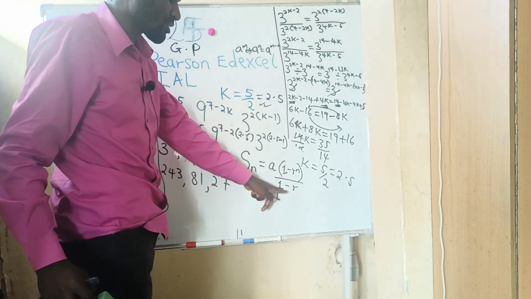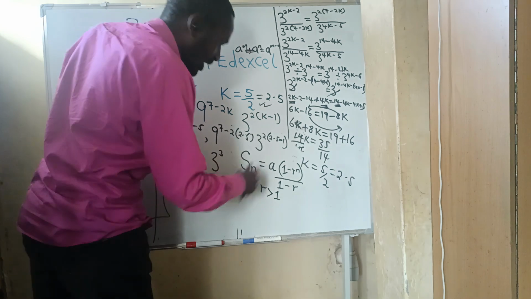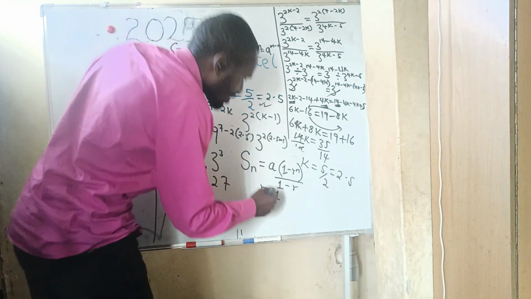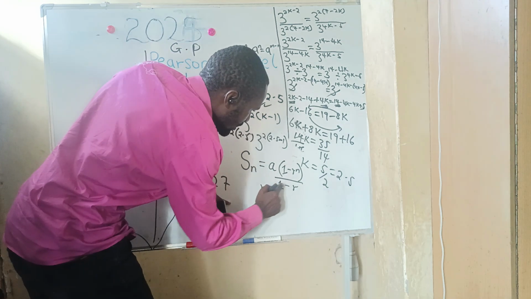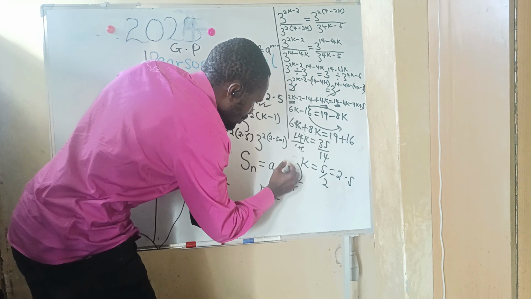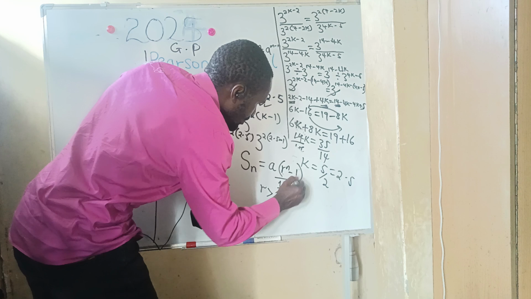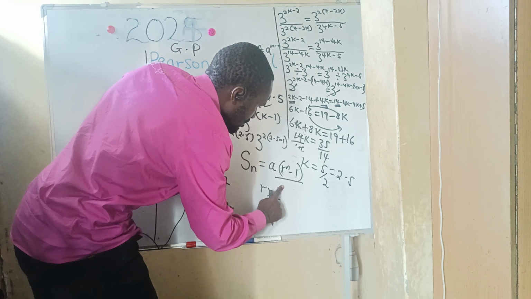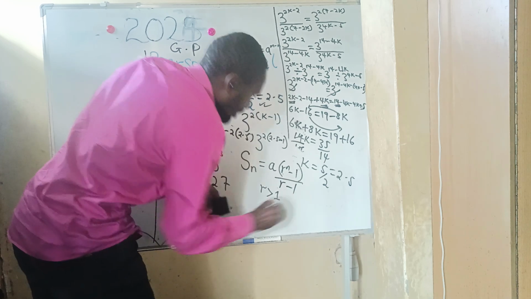We can begin with r if r is bigger, or with 1 if r is smaller. So we have r raised to n minus 1, then here r minus 1.